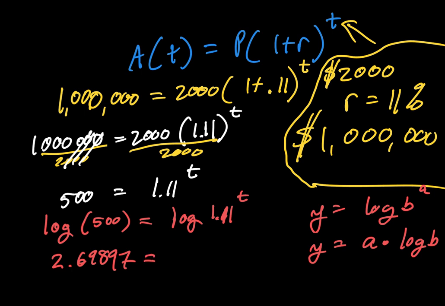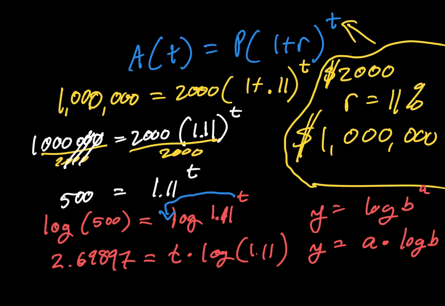Now on the other side, we have the log of 1.11 to the t power, which will equal, and this is where this property comes into play, that comes out in front. T times log of 1.11. And the log of 1.11 is an actual number.